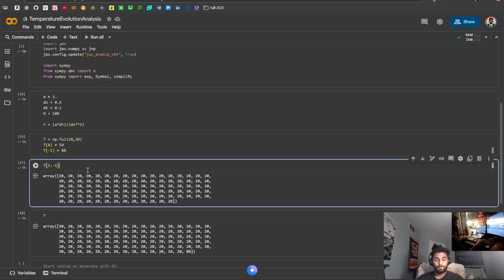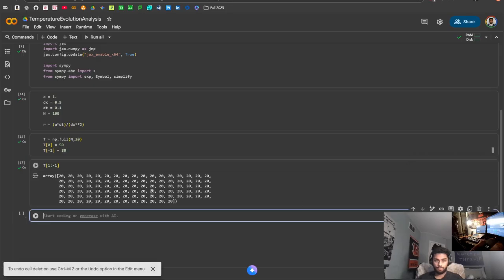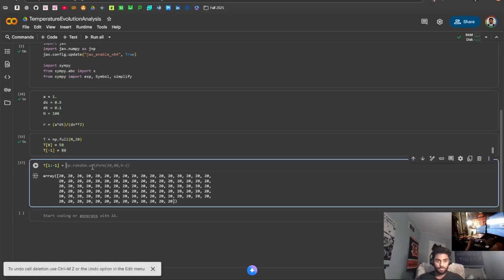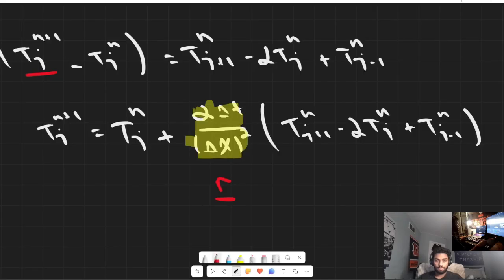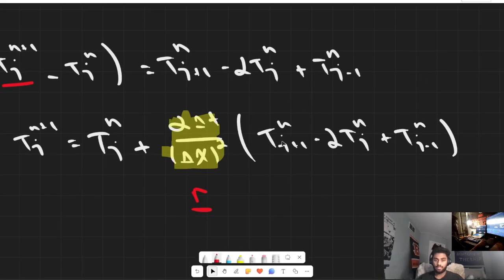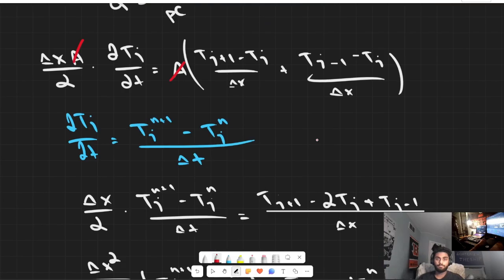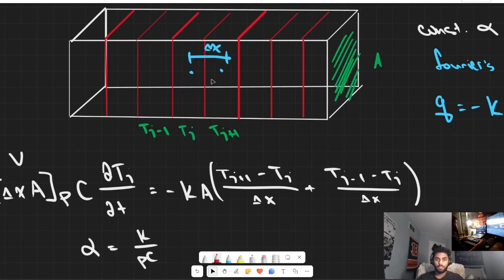So what we can say is that we can update this array now. Get rid of this. It is equal to that T from 1 to -1, and then plus our R times... So now, going back to here, first we want to look at our j plus 1, which is everything from here to the end.